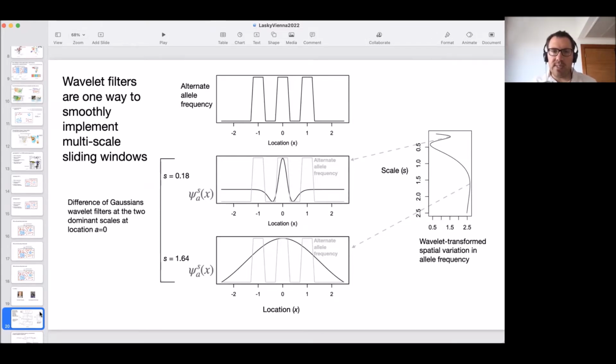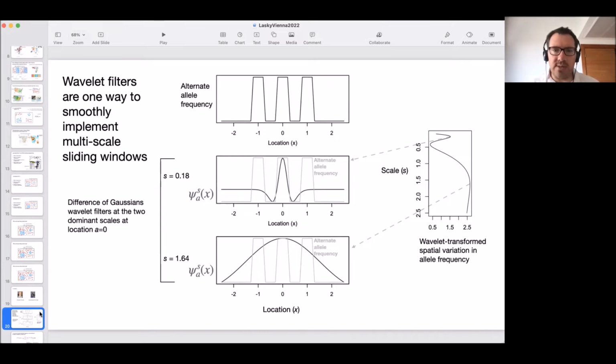What we can do is take a wavelet filter, which is a function that has this localized character to it, and apply that filter to the allele frequency data. That is, take the product of the two, and then we can ask how much variation we see in the wavelet transformed allele frequency at a given location and at a given scale.